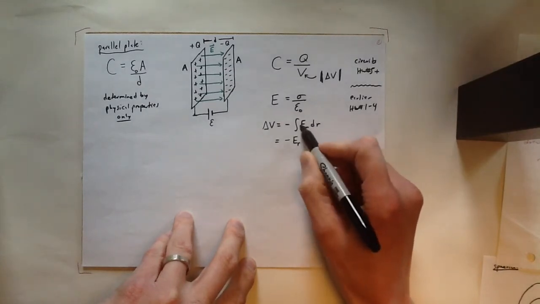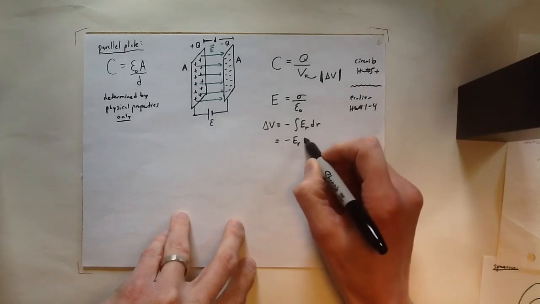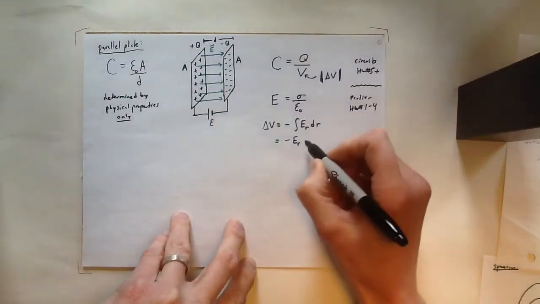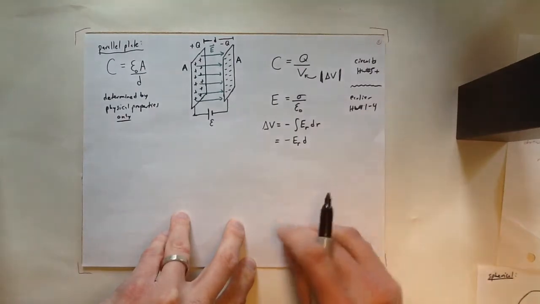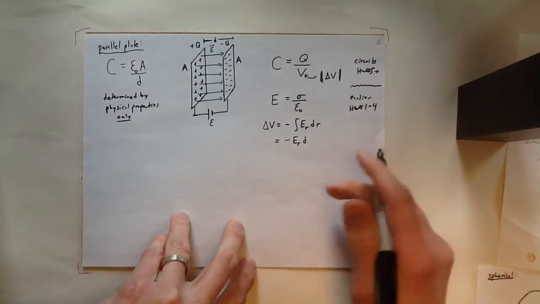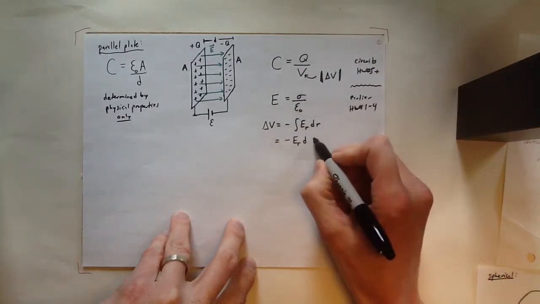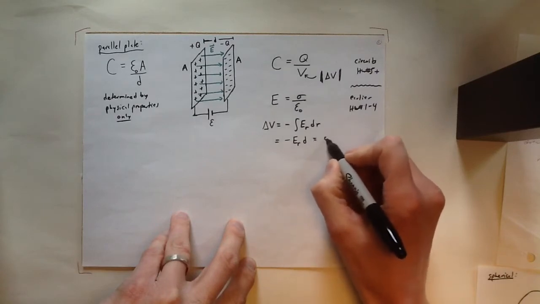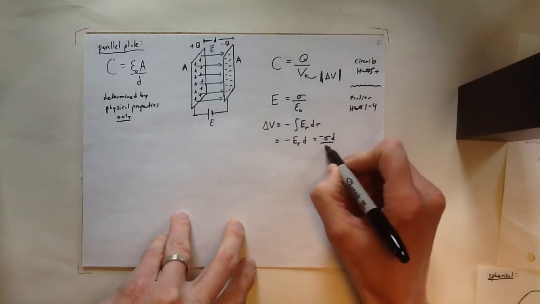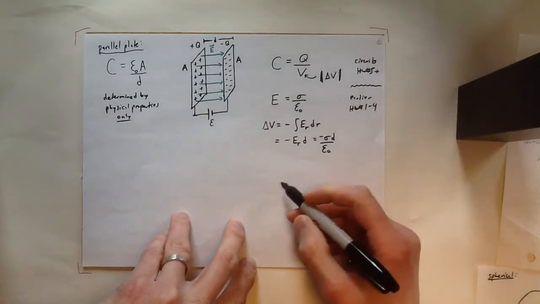The integral of dr is just r, and in this case the plate separation is d, so we get our delta V like this, and putting in our electric field, we get this.